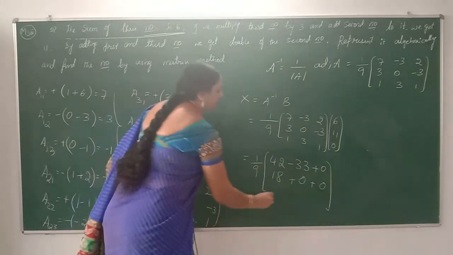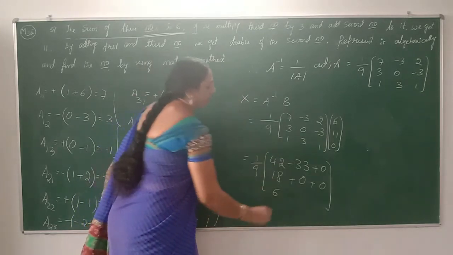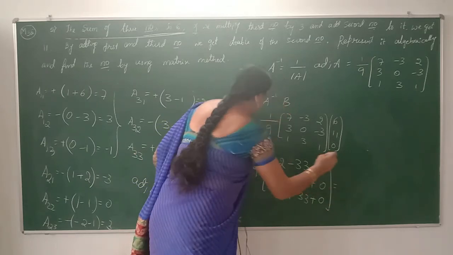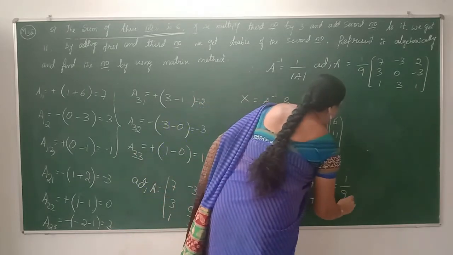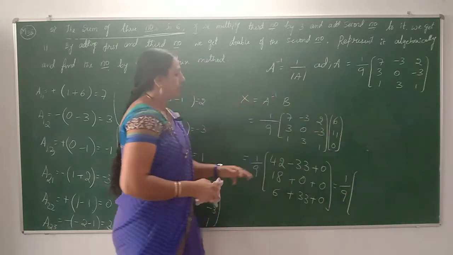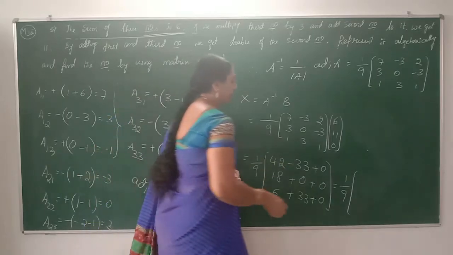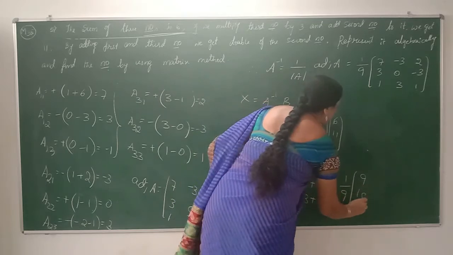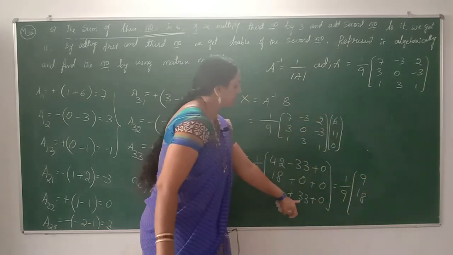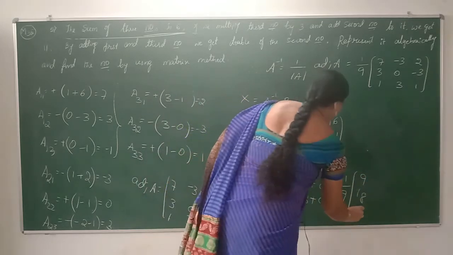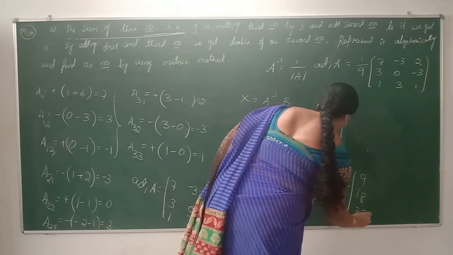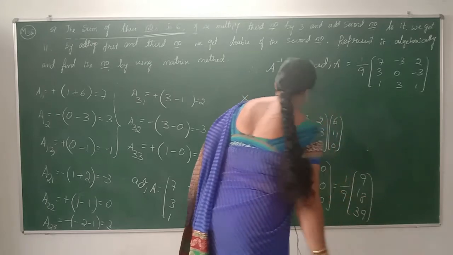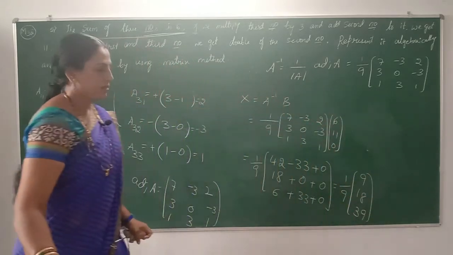Third row, 1 into 6, 3 into 11, plus 1 into 0. That is 1 divided by 9 of 42 minus 33 is 9, plus 18 plus 0 is 18, 6 plus 33 is 39.